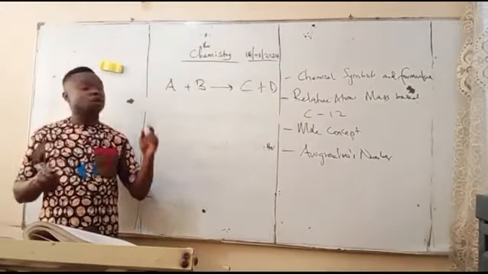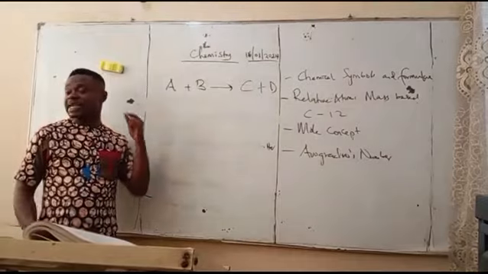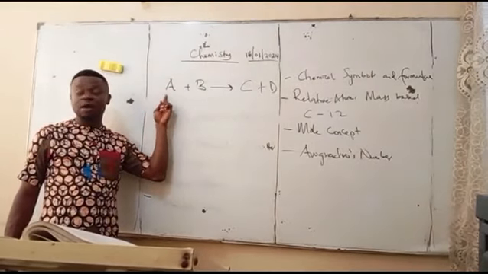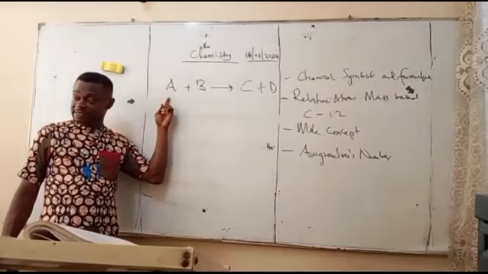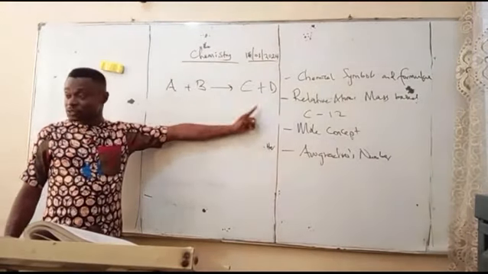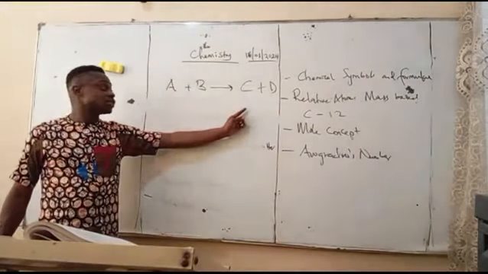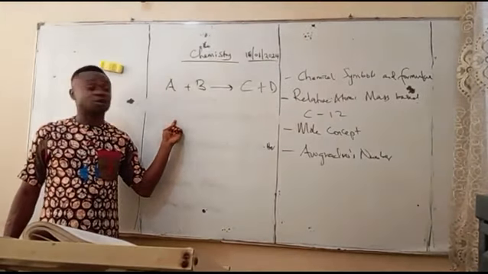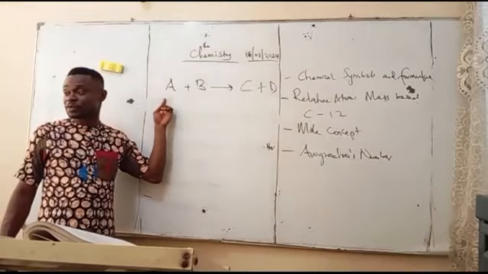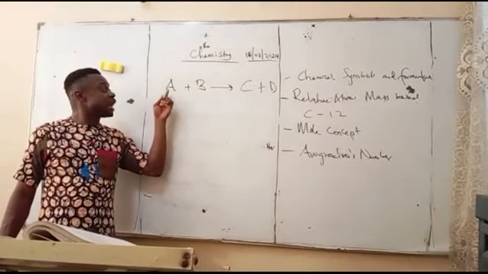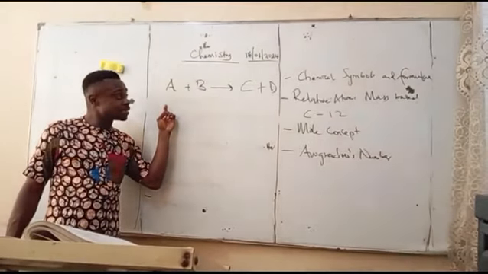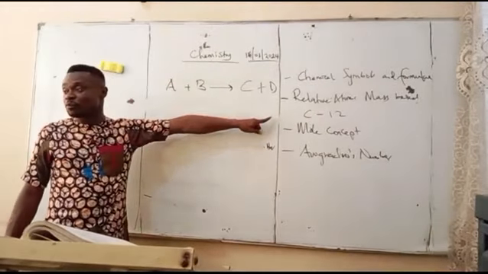Now, the study of this relationship that exists between the amount of the reactants and that of the products is what stoichiometry is all about. So stoichiometry deals with the relationship that exists between the amount of the reactants themselves and that of the products.